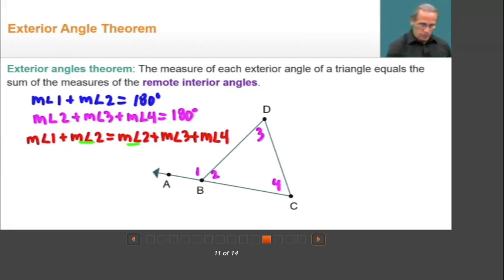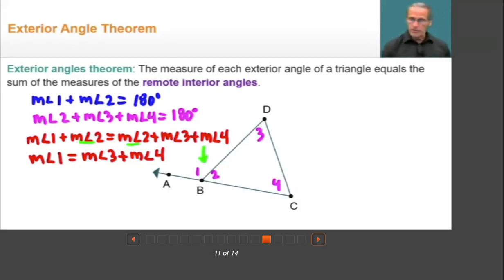And what does this leave us? Well, this leaves us with the measure of angle 1 equaling the measure of angle 3 plus the measure of angle 4, which is exactly what we were looking for, which was the measure of the exterior angles equal to the sum of the measures of the remote interior angles.